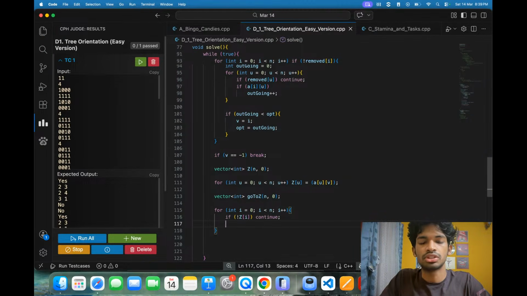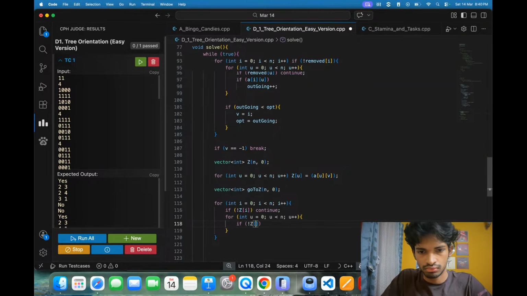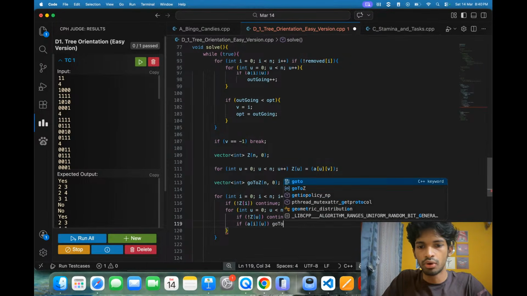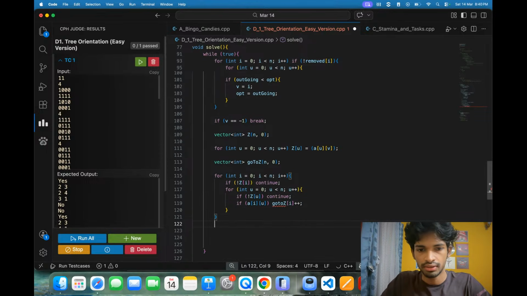If it's in the set, you just have to increase its frequency by the number of things that it can go to. Else, so you are able to go to something in Z. So do this one, okay?